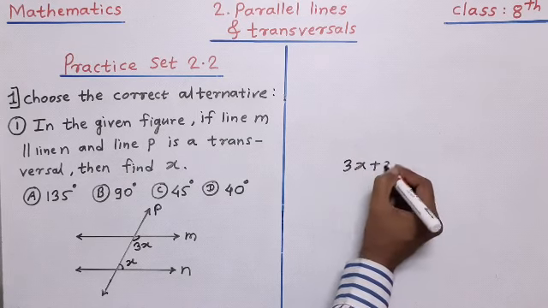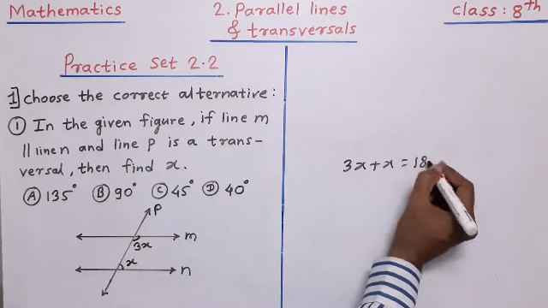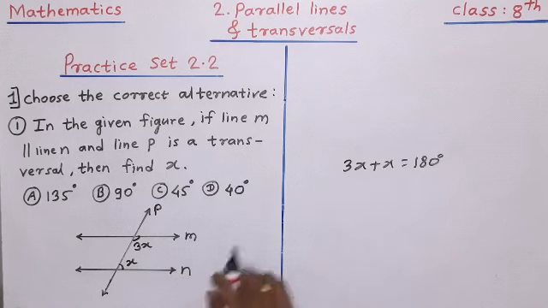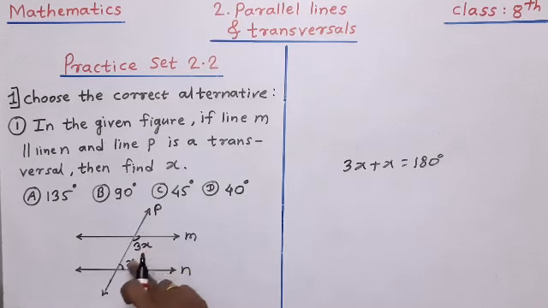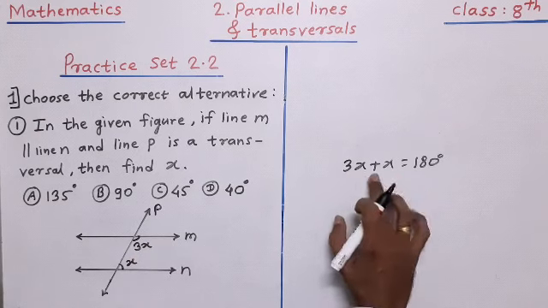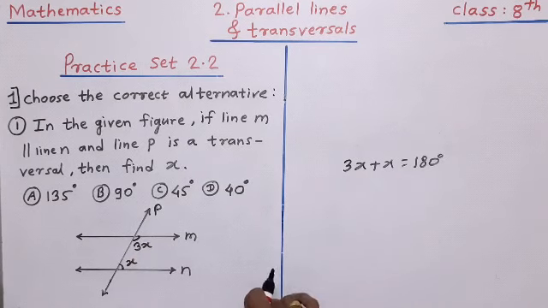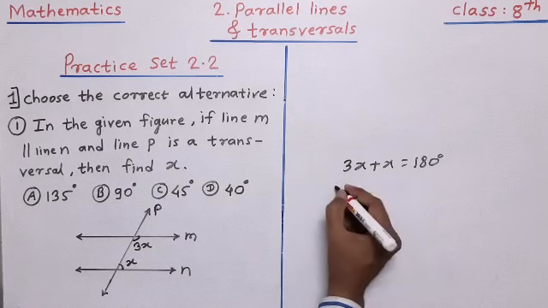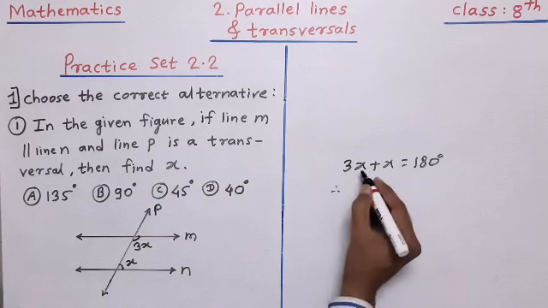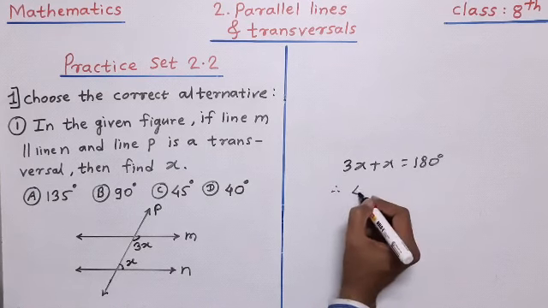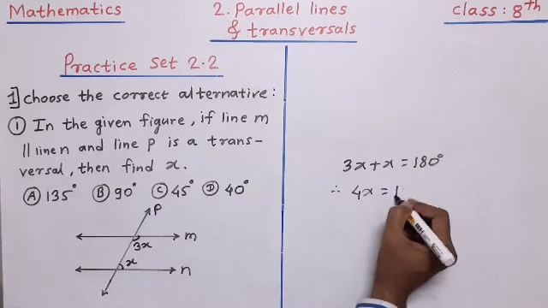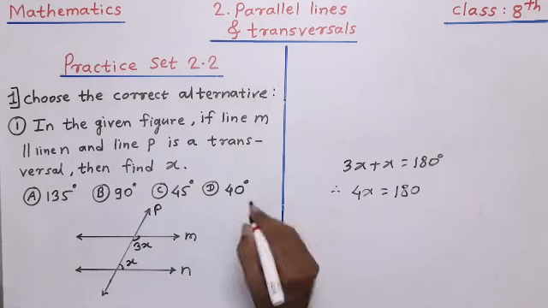3x plus x will be equal to 180 degrees by applying the property of interior angles. As these two angles are interior, their sum is 180 degrees. Let us solve this so that we get the value of x. 3x plus 1x is 4x, equal to 180.